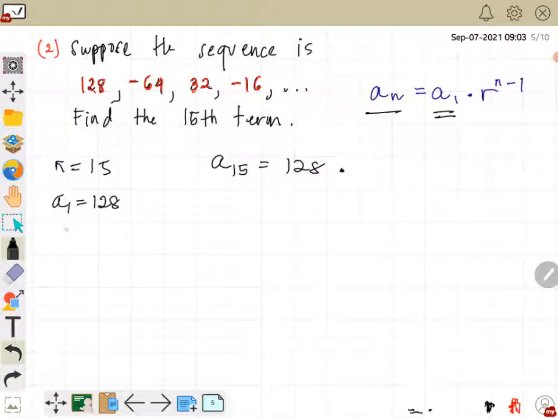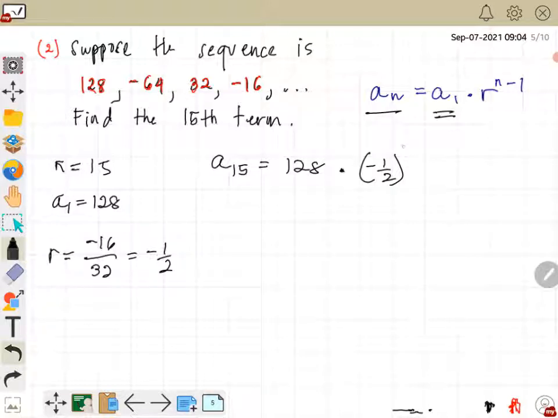times our r. So again, going back, how do we find our r? We simply pick any term, let us say negative 16, that's quite easier, divided by its previous term 32. If we simplify this, we get negative 1/2, so our r is negative 1/2.